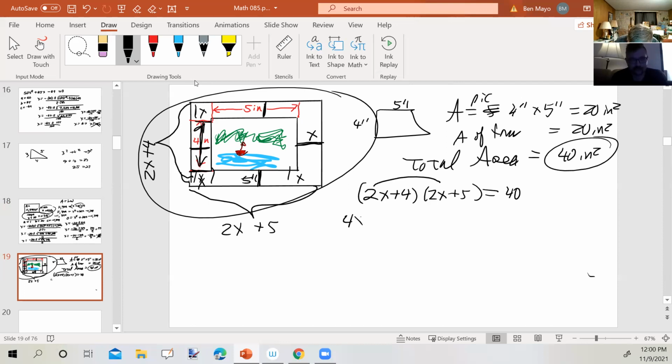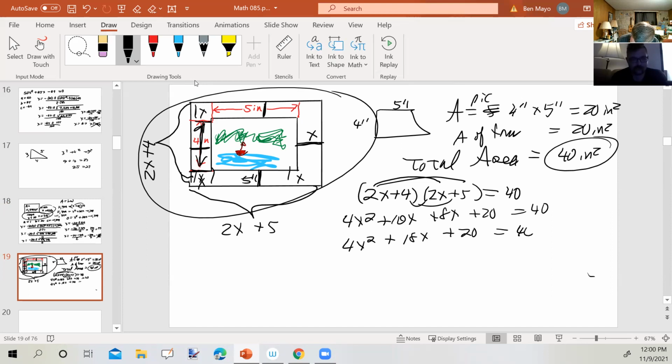So we've got 4x squared plus 10x plus 8x plus 20 equals 40. Combining like terms, 4x squared plus 18x plus 20 equals 40. Subtract 40 from both sides of the equation: 4x squared plus 18x minus 20 equals 0.